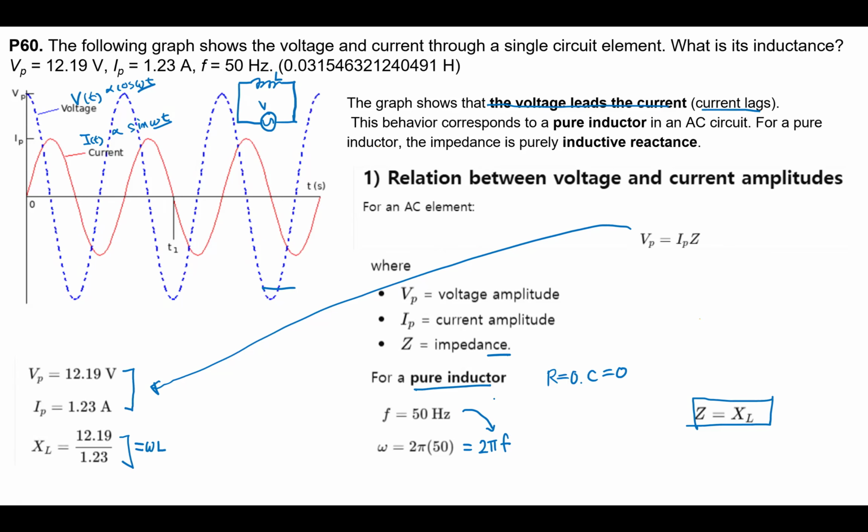So we know what omega is, we know XL, and the inductance is given by XL divided by omega. XL is known, omega is known, then we can find the inductance. Once again, it is a very simple formula, and you need to plug in the right numbers with the important conversion. In this case, the conversion between frequency and angular frequency is the key.